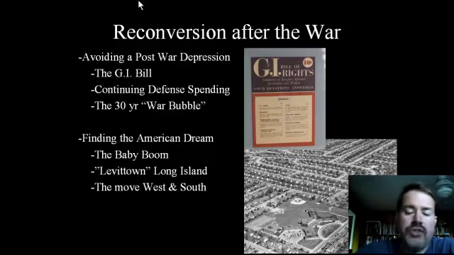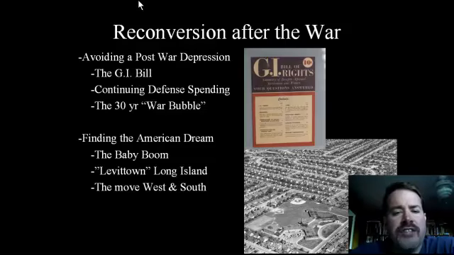So in short, there's always that transition period where factories and companies have to quit making war material and start to make consumer goods. And the question for manufacturers is, what do people want? What's the style? Is there a market for these goods, even if there was a market before the war?